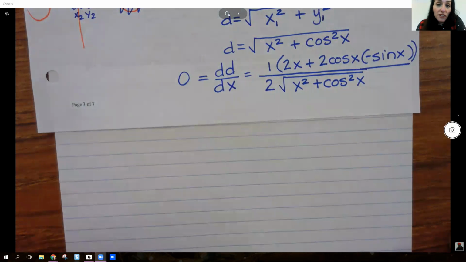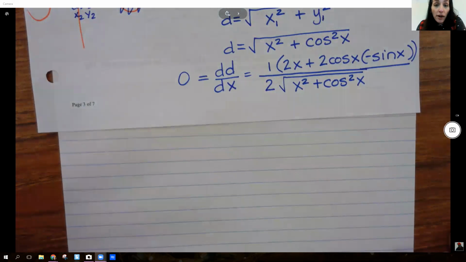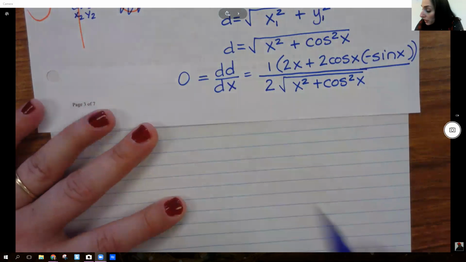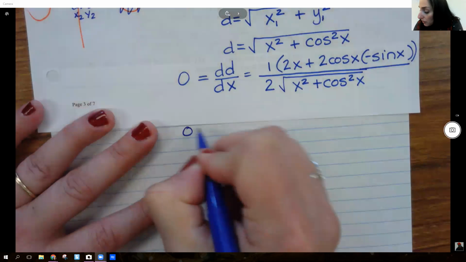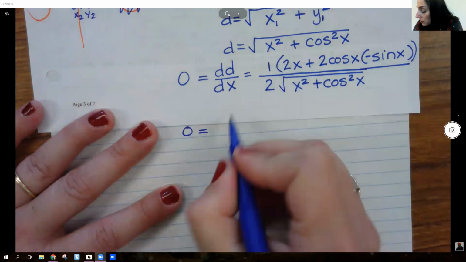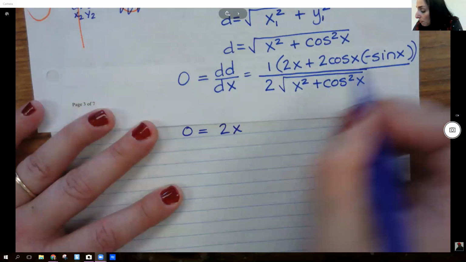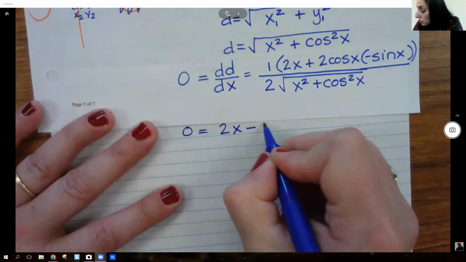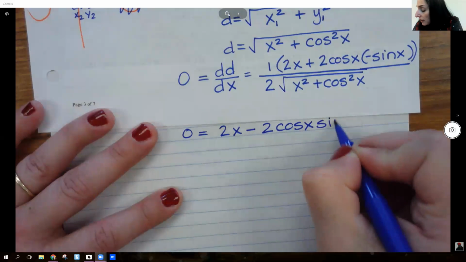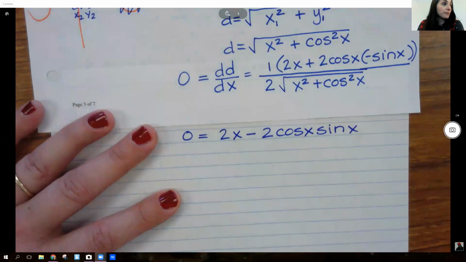That means really the only thing we care about is when the numerator is equal to 0. So we're gonna have 0 equal to 2x minus 2 cosine x sine x, like that.